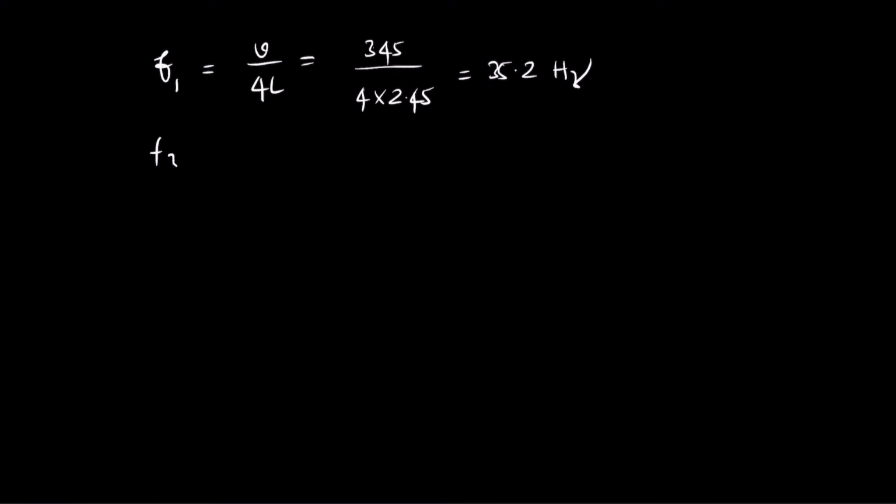Now F3 will be the third frequency, which gives you the value 3V by 4L or 3F1. So 3 times 35.2 gives you a value of 105.6 hertz.